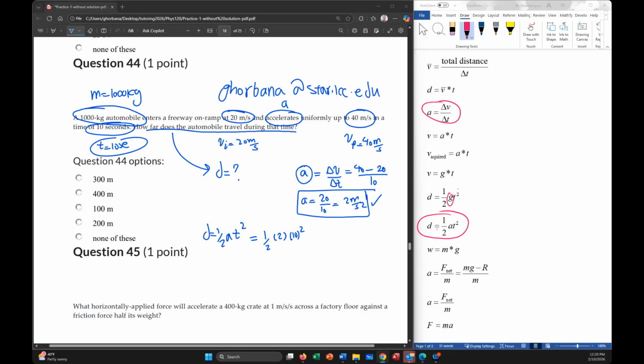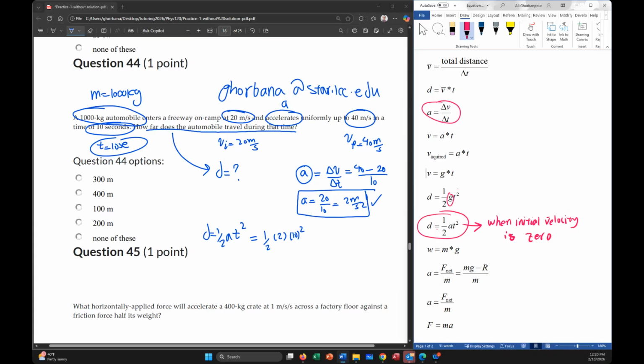Do you think this is the right answer? I think so. Wait. This formula is for when the initial velocity is 0, yes?